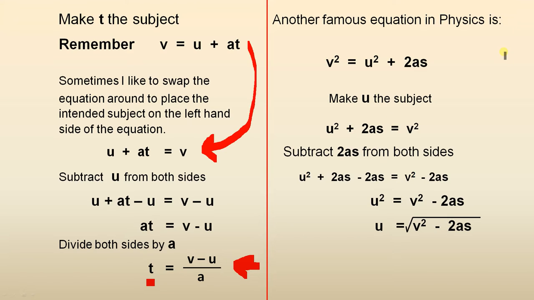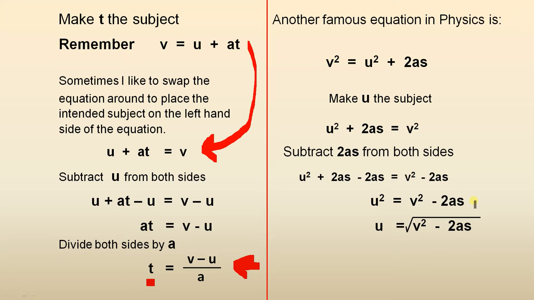Now here's another famous equation in physics. V squared equals U squared plus 2AS. We're going to make U the subject. So let's swap it around so U's on the left hand side. So U squared plus 2AS equals V squared. Subtract 2AS from both sides. So U squared plus 2AS minus 2AS equals V squared minus 2AS.